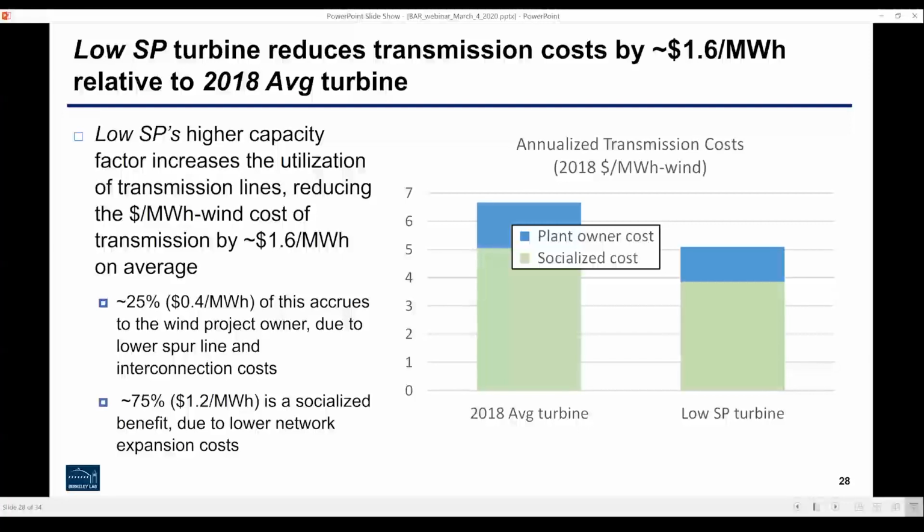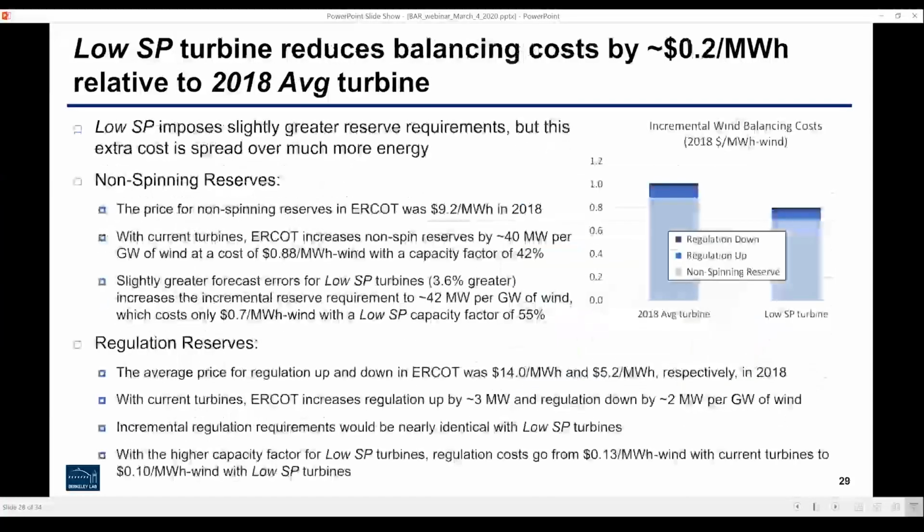Based on some reference or benchmark data for transmission costs, we estimate that the low SP turbine would save about $1.60 per megawatt hour relative to the 2018 average turbine. Now, only about a quarter of that, just the portion corresponding to spur lines and direct interconnection costs, accrues to the project owner, and the rest of it, which is really the majority of it, is socialized across the entire grid system.